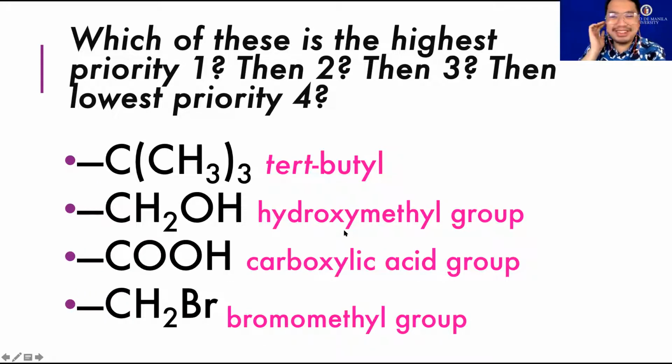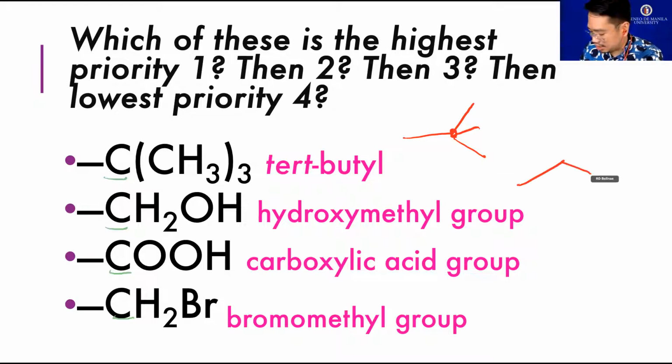How about these ones? They're all carbon groups. Tert-butyl, hydroxymethyl, a carboxylic acid group, and a bromomethyl group. So in terms of round one, the first atom, they're all carbons. This one, see, has 3 CH3s attached to it.